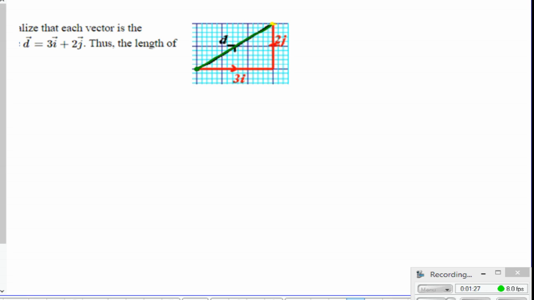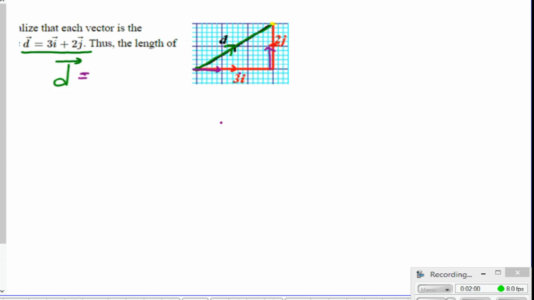So the beginning to the end, usually we use an arrow to represent it, and this is written this particular way, that is the basis vectors i and j. i is basically 1 unit to the right, so this is my i. In this case, 3 units means 3i, okay? And here 1j is 1 unit up, and 2j means 2 units up. So this is 3i and 2j.